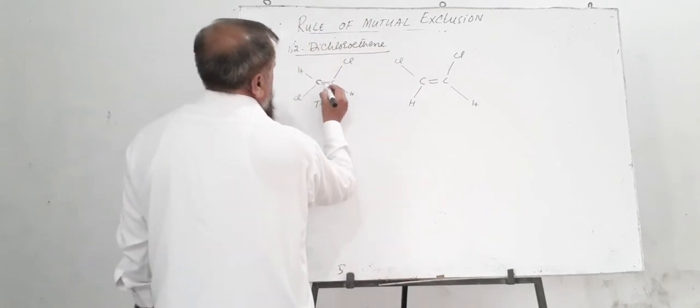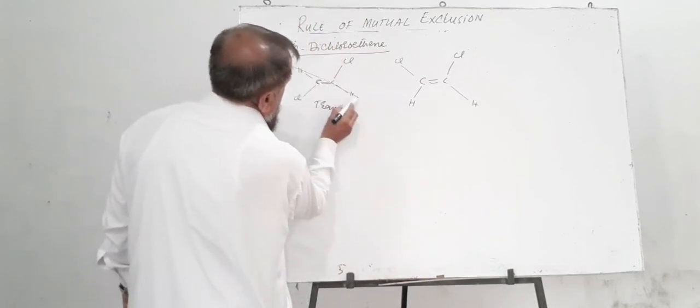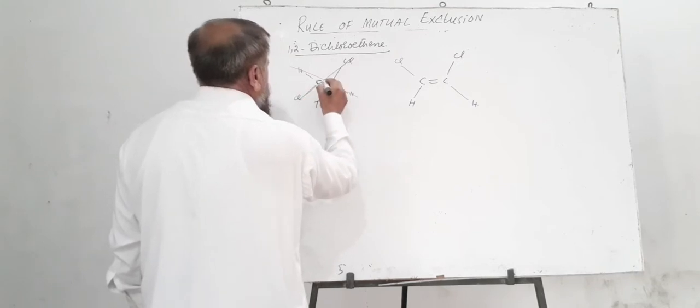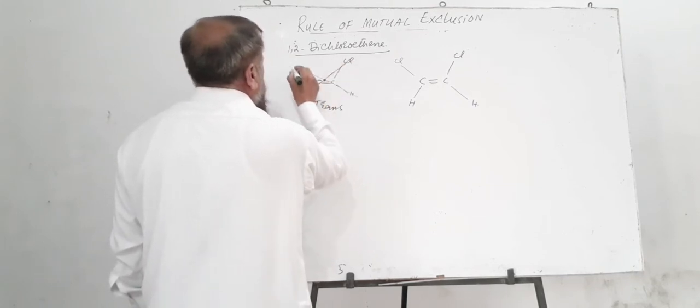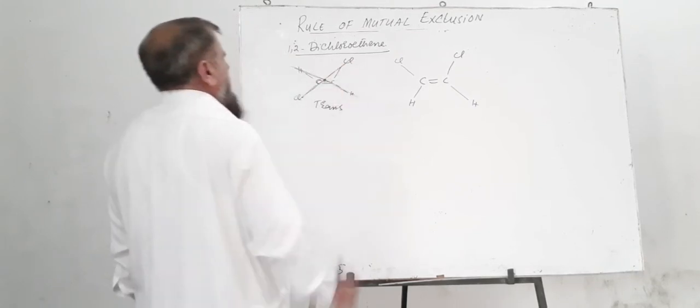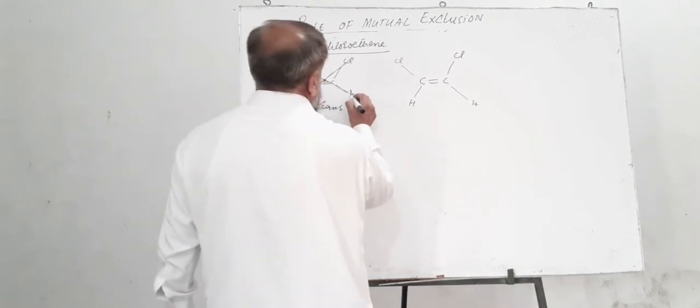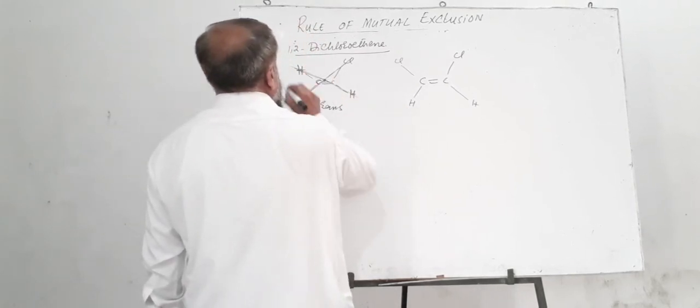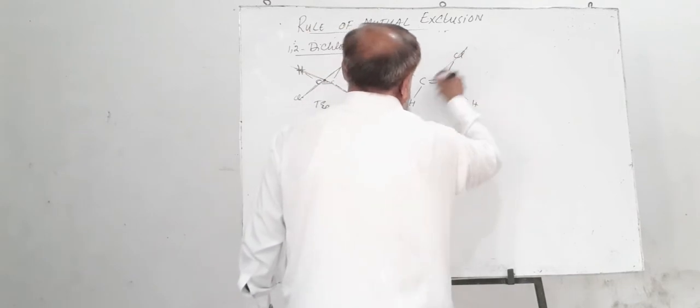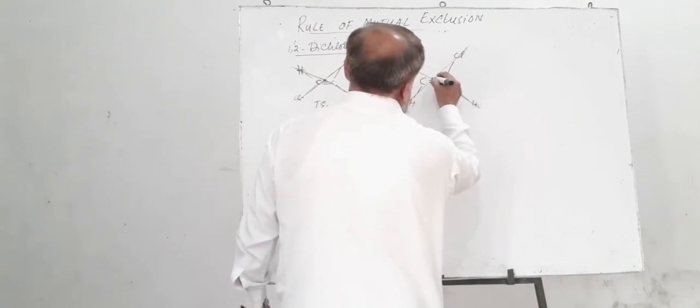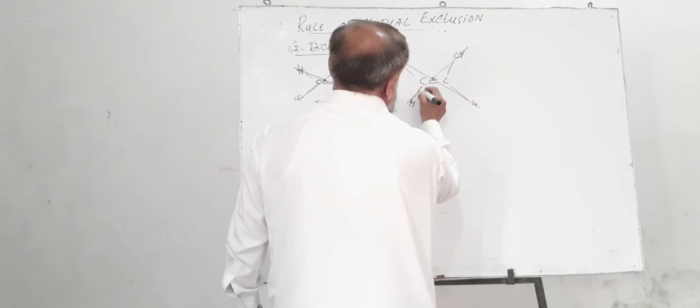If we consider the trans isomer, it has a center of symmetry. If we consider the cis isomer, then it has no center of symmetry, because it cannot be equally divided into two parts.